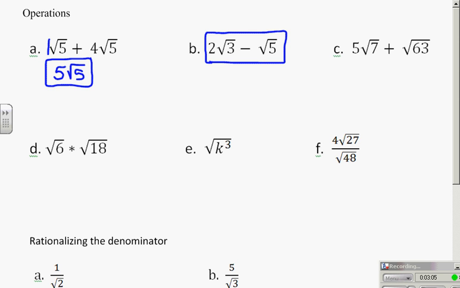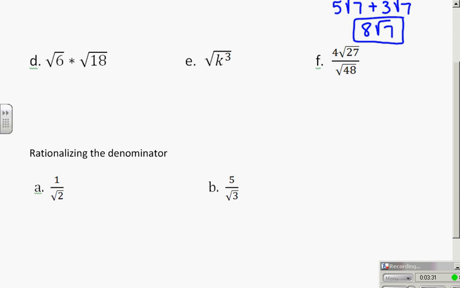Now C appears at first glance that we can't simplify, but if you look closer at 63, 63 is really 9 times 7. 9 is a perfect square, so when I simplify this, it becomes 3 radical 7. Now my radicals are exactly the same, and I can add them for 8 radical 7.